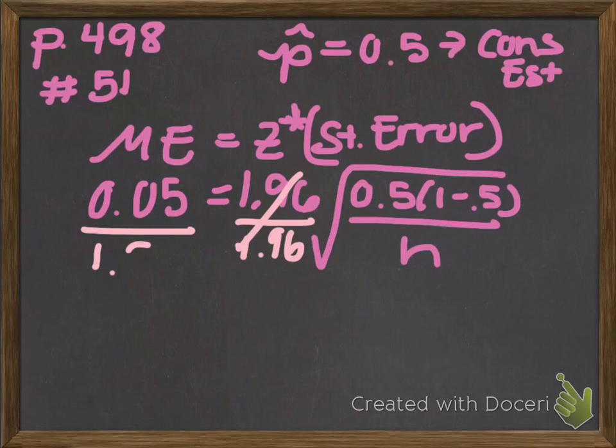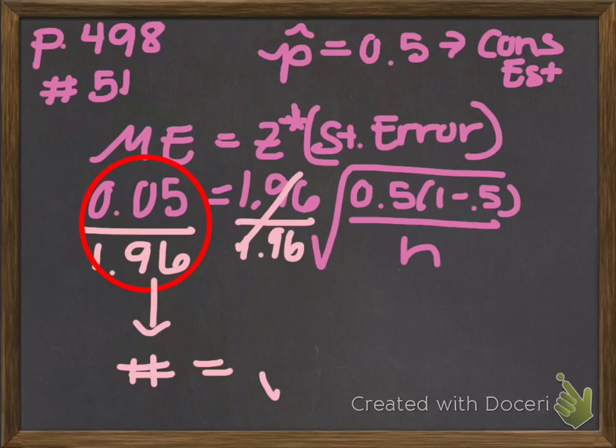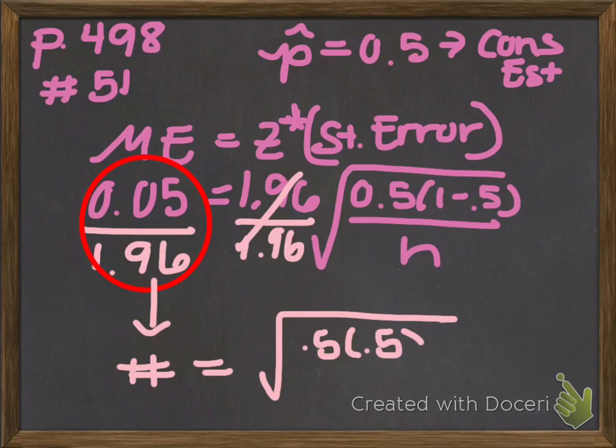Now, I don't have a calculator on me, so follow along. Whatever you get for this answer, that goes down here. You get a number equal to the square root of 0.5 times 0.5 divided by n.